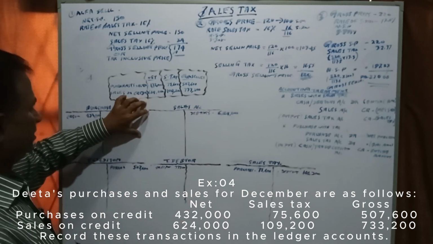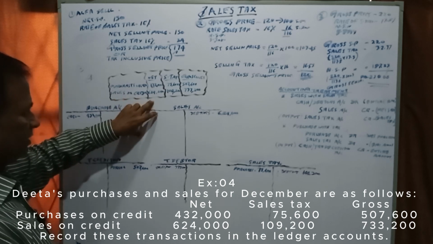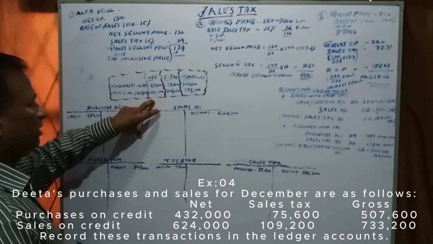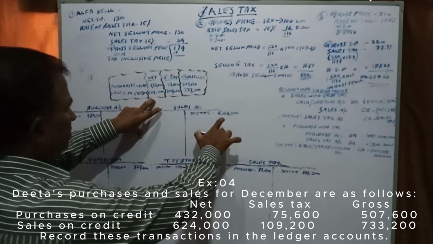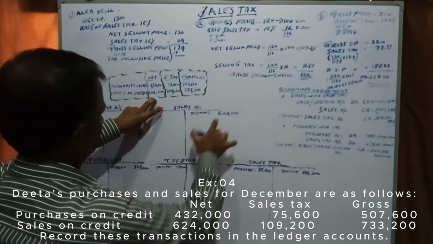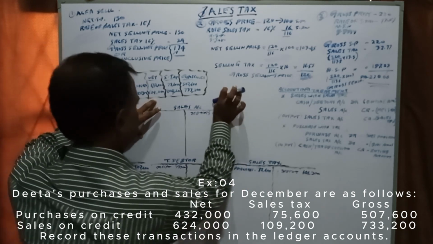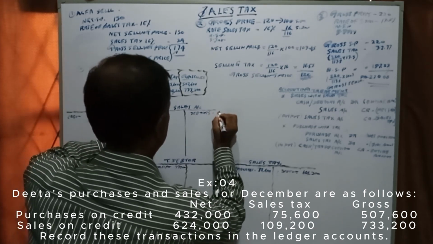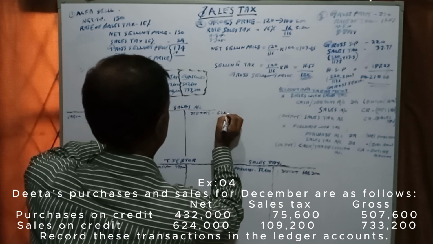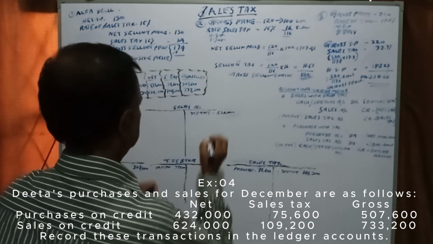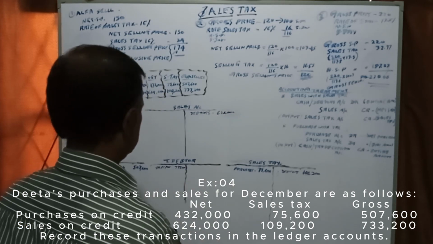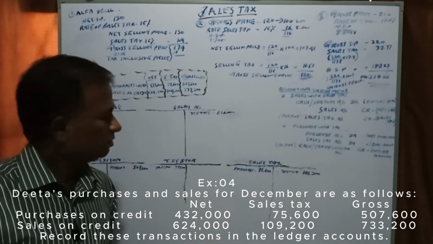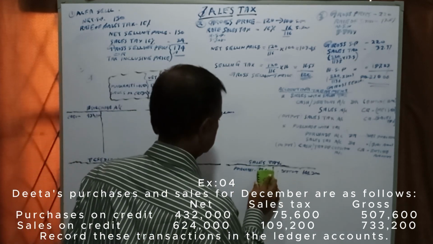Credit sales, in the sense the net amount of the sales should go to the sales account, 624,000 net amount, right?